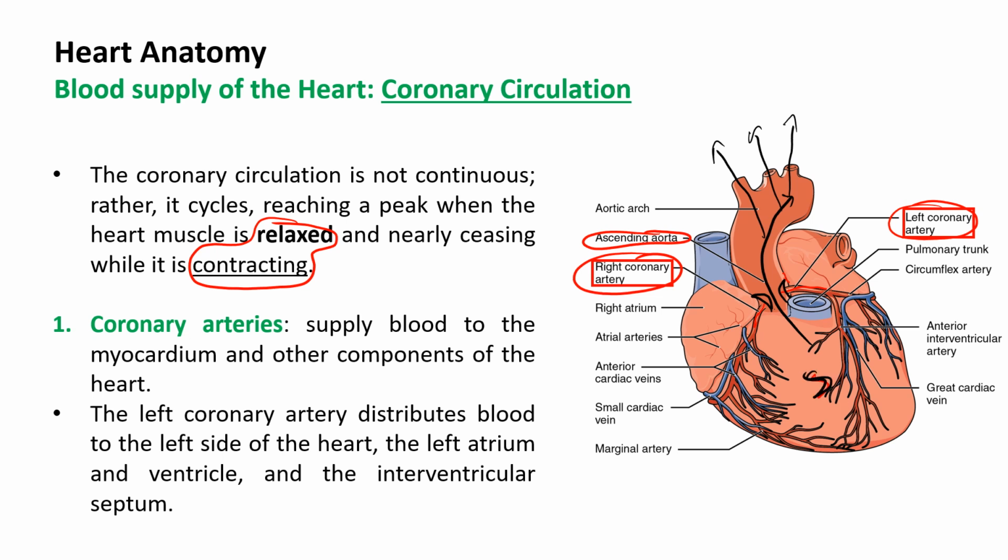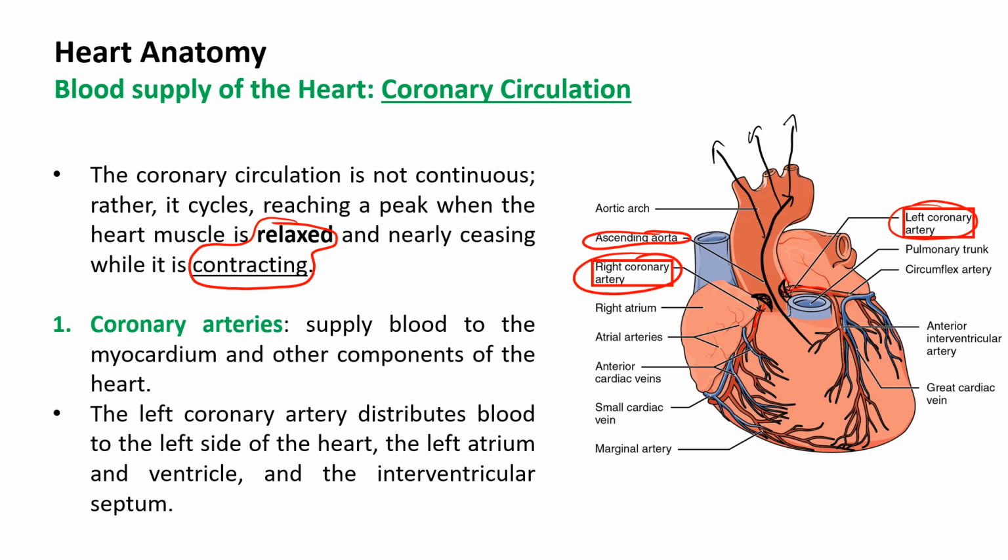And the way that I like to think about this is these valves. It's not that it happens like that, but at least visually it helps me to remember that. During systole, there's a blockage here, so the coronary arteries are not receiving blood, right? The rest of the body is receiving blood.